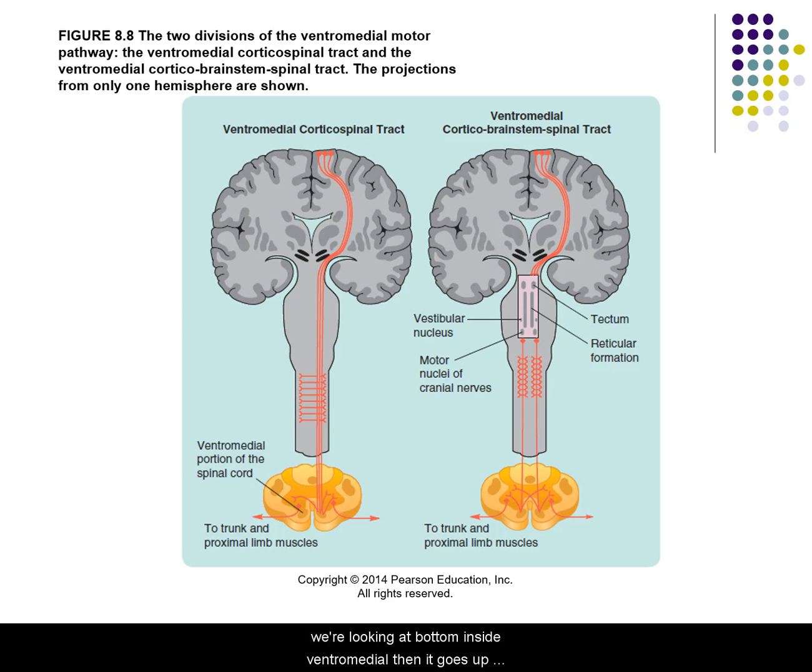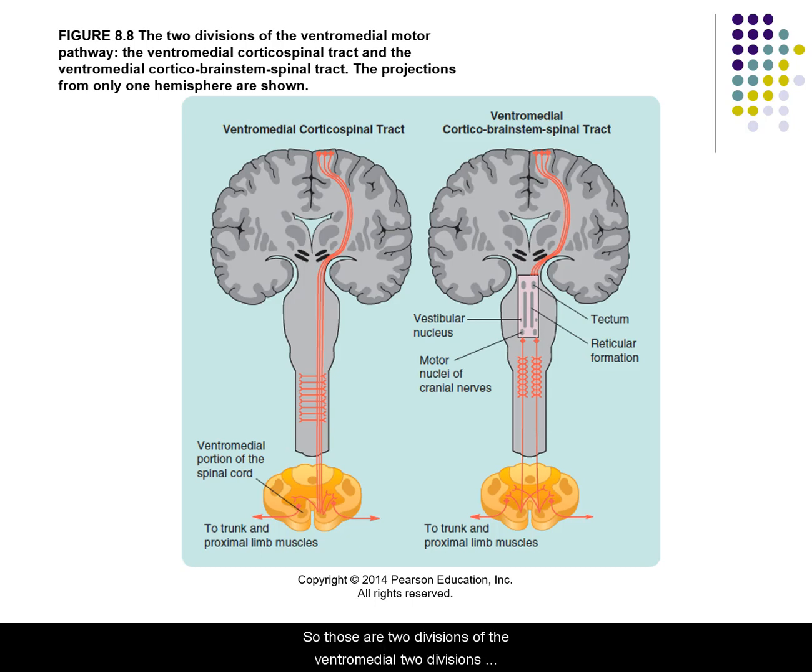Ventromedial, then it goes up to the primary motor cortex, the corticospinal. So that's the corticospinal. The one to the right of it is the cortico-brainstem spinal. Same thing with the ventromedial portion at the bottom. The difference here is that now it's passing through the tectum, the reticular formation, motor nuclei, and the vestibular nucleus before it gets to the primary motor cortex.